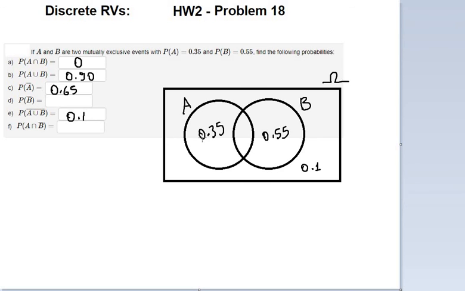B not is 0.35 plus 0.1, which is 0.45. And A intersect B not. B not is everything else here, and A is here. And B not intersect A is A, which is 0.35.